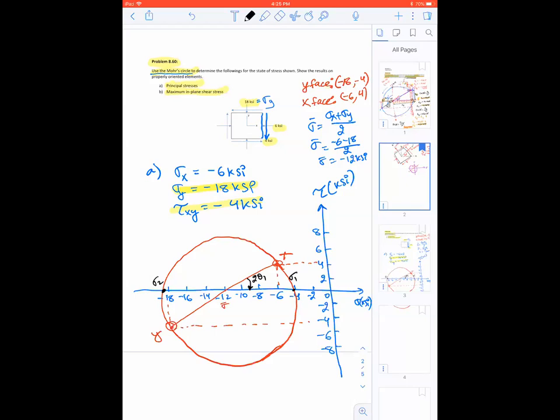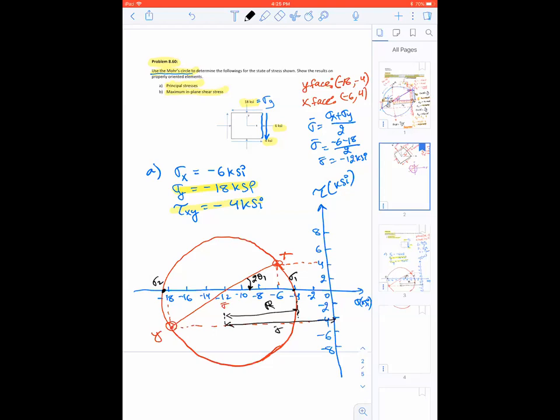So let's calculate sigma 1. You all know the distance from here to sigma 1. That is the radius of your circle. And this is sigma bar, all the way from here to the origin.